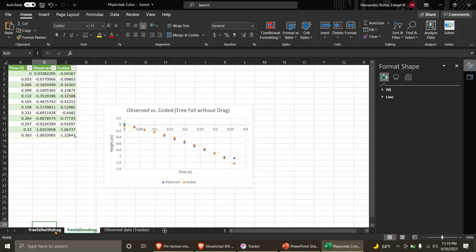So if there's a need to simulate the rag falling down, the free fall without drag actually worked out better for me, because there are certain points where they both actually equaled.